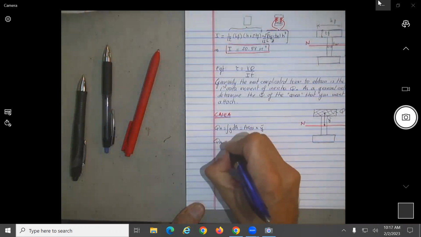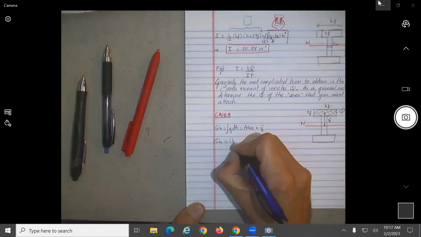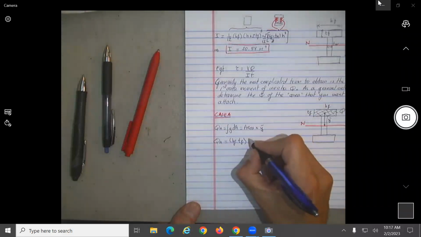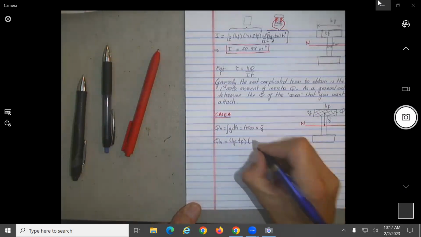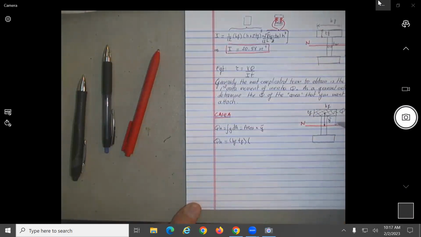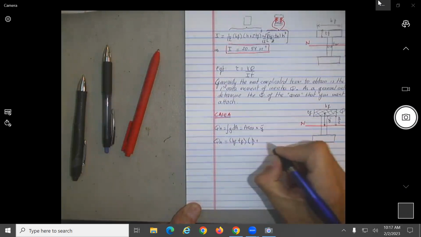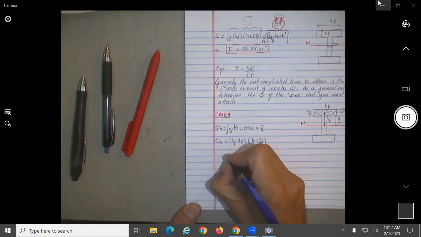So Q sub A would be equal to what? What will be the area? BF times TF. And what should be the distance to the CG? H over 2 plus TF over 2. Let's put some values, to double check with my notes.